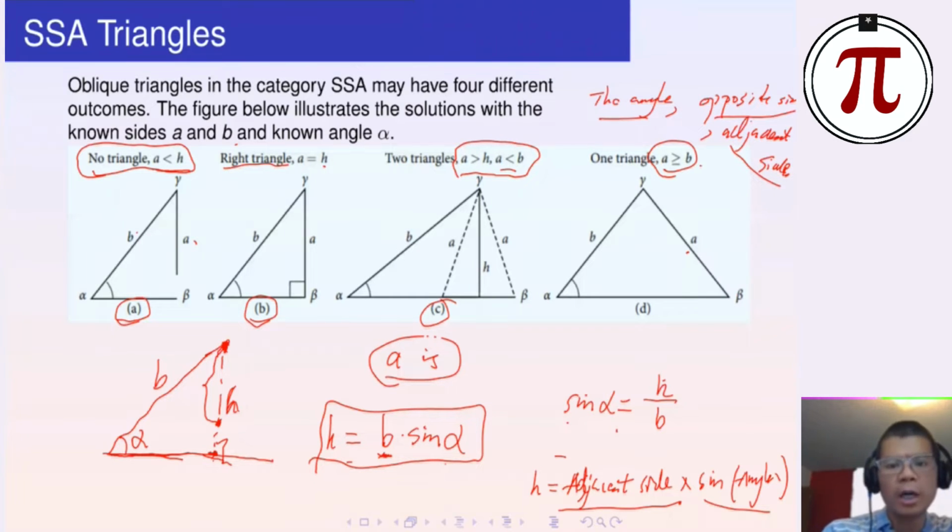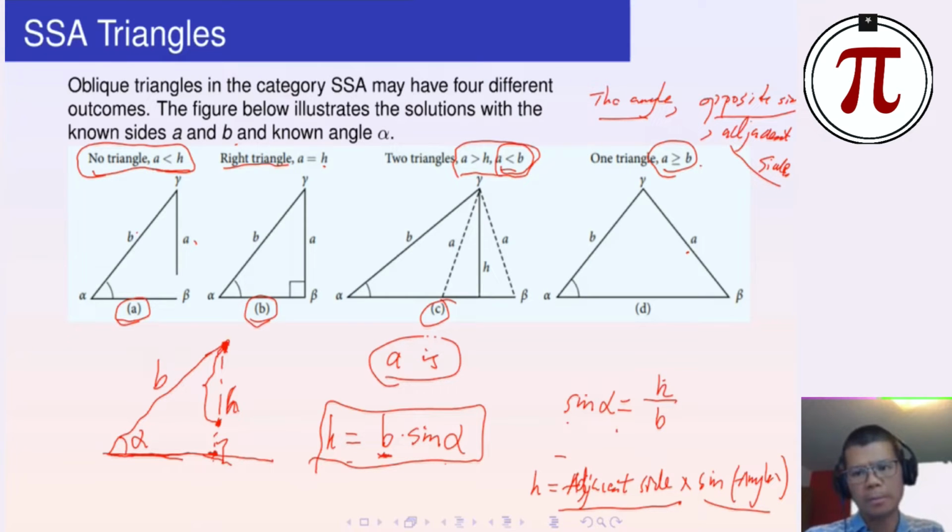B is the opposite side, and the opposite side is less than the adjacent side. Basically, that's what this means. H is the smallest one. H is less than the opposite side and also less than the adjacent side.